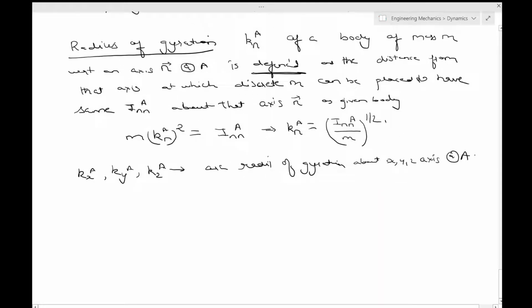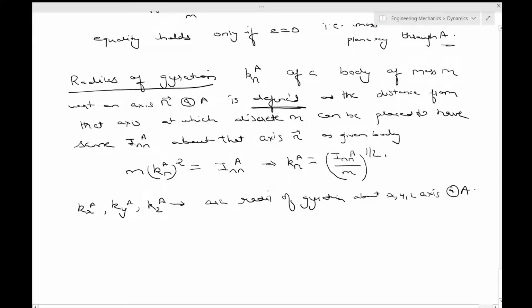So Izz of A equals Ixx of A plus Iyy of A, as z is equal to 0. Okay.